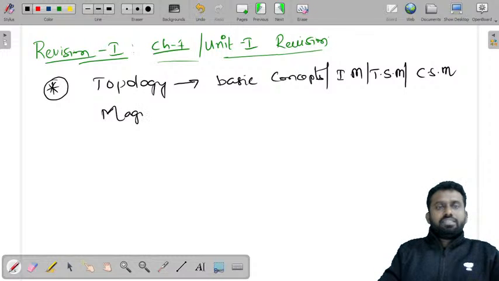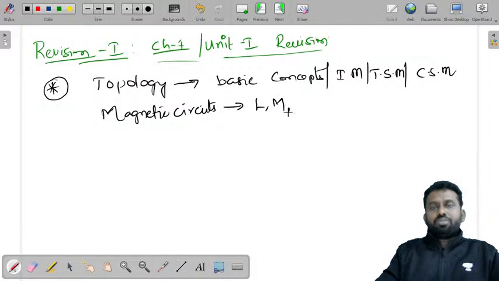Then we discussed magnetic circuits. We discussed the self-inductance, mutual inductance, coefficient of coupling, dot rule and ideal transformer also.